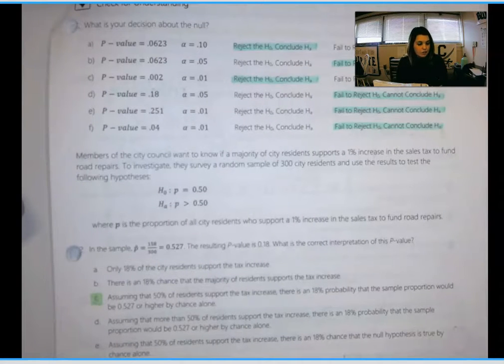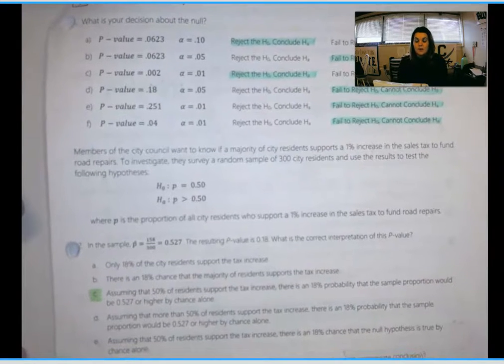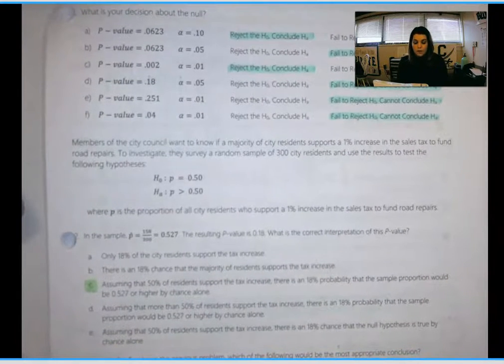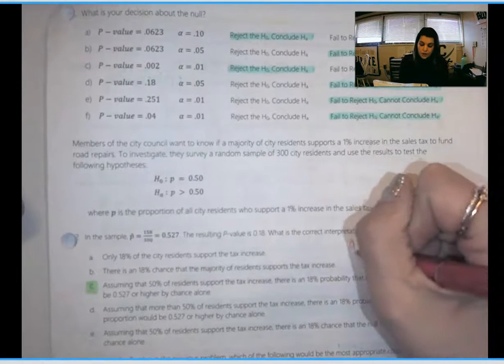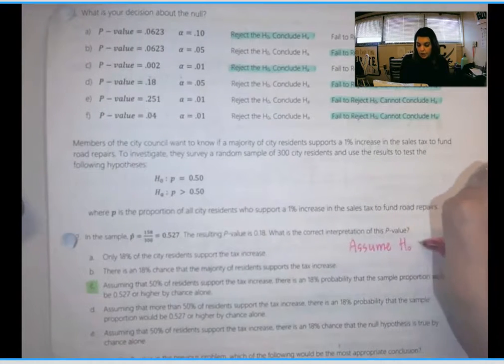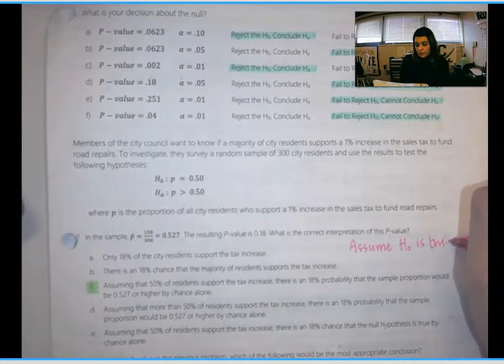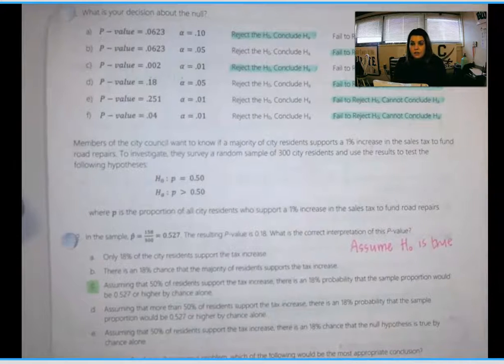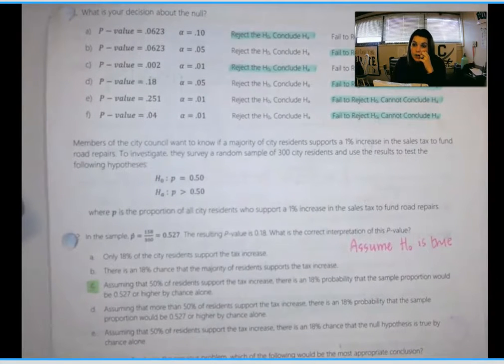I hadn't thought about it until one of you asked me that, and I realized that for a lot of these, talking about that would probably be really helpful. So when you're interpreting a p-value, you are looking for: assume H0 is true.